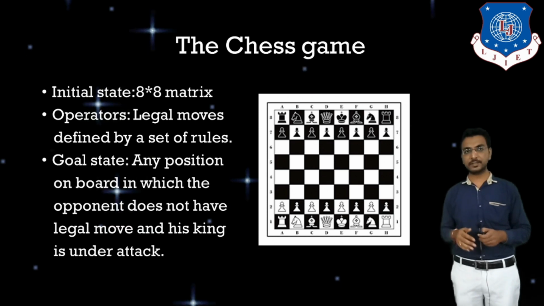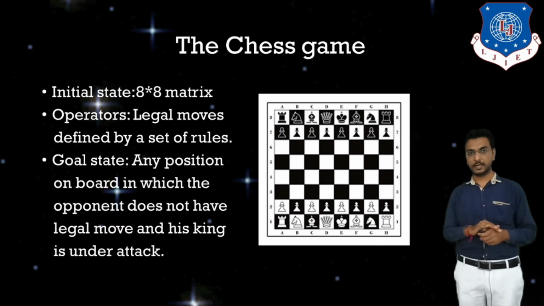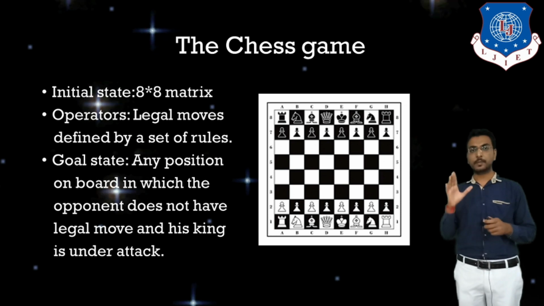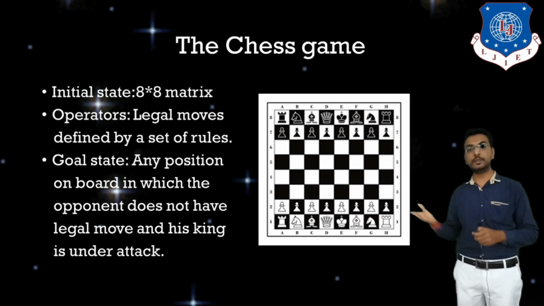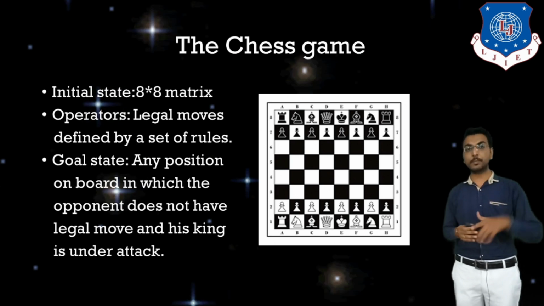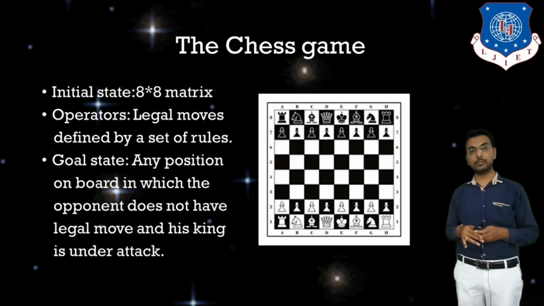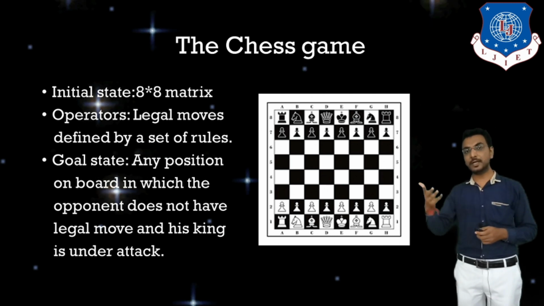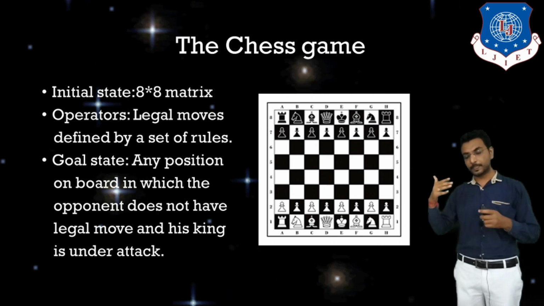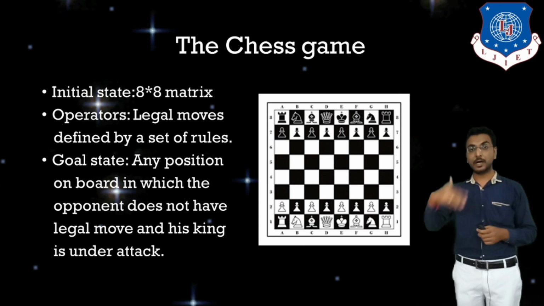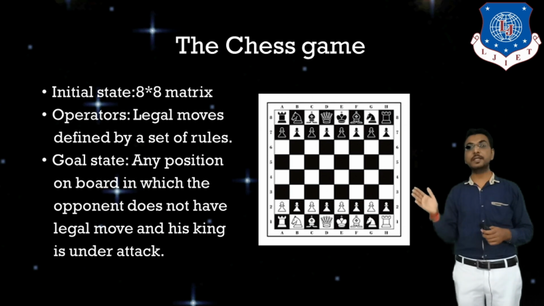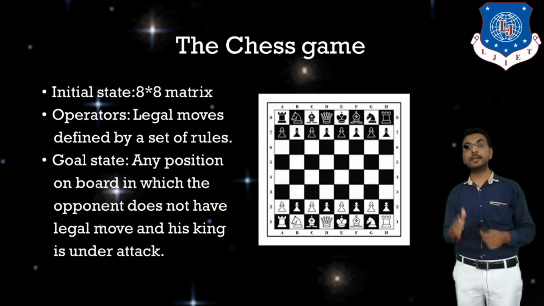Now last is a goal state. A goal state means that once one particular player is able to win the game, that is my goal state. That means the opponent will not have any legal move, and the opponent's king is under attack and he will not be able to defend his king.